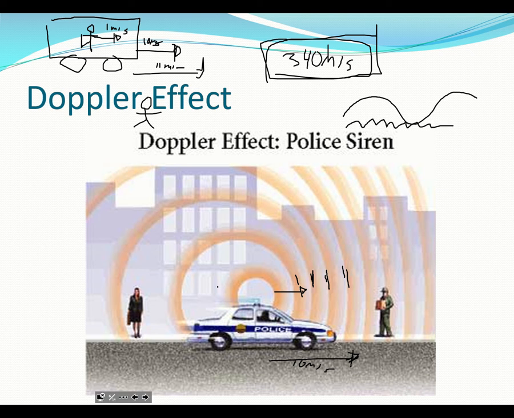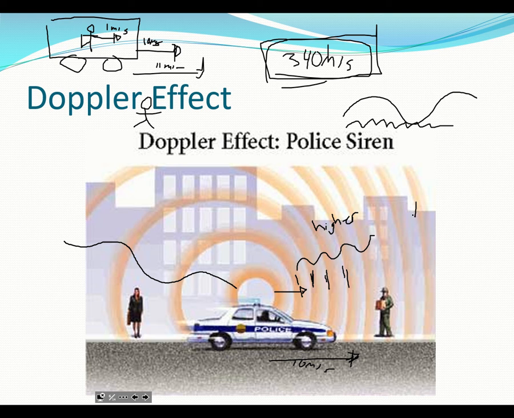And the opposite happens on this side. As those waves are coming off, they get stretched out because the police car is moving away, but they're still trying to go 340 meters per second. So these waves get longer, and these waves get shorter. So the shorter wavelengths make a higher frequency, right?